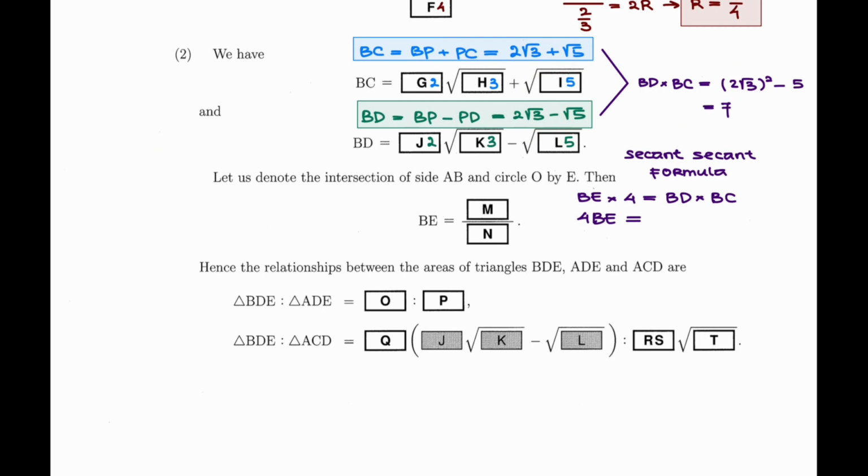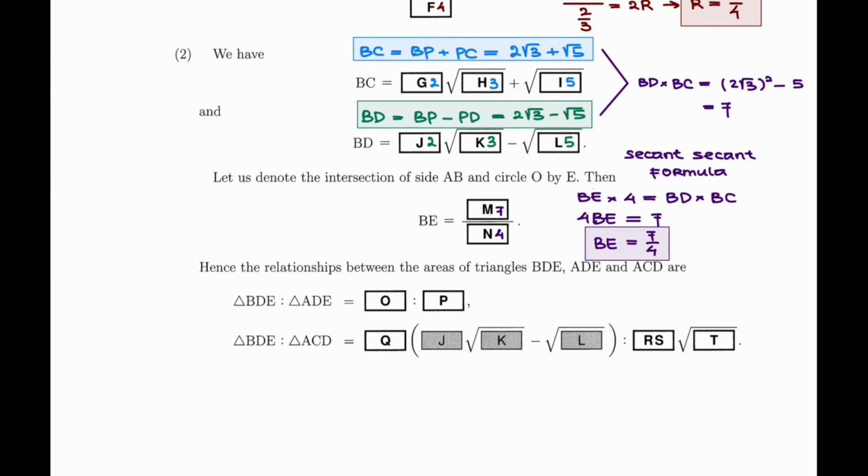So BD times BC is equals to 7. That means BE is equals to 7 over 4. This is the length of BE. So M is 7 and N is equals to 4.